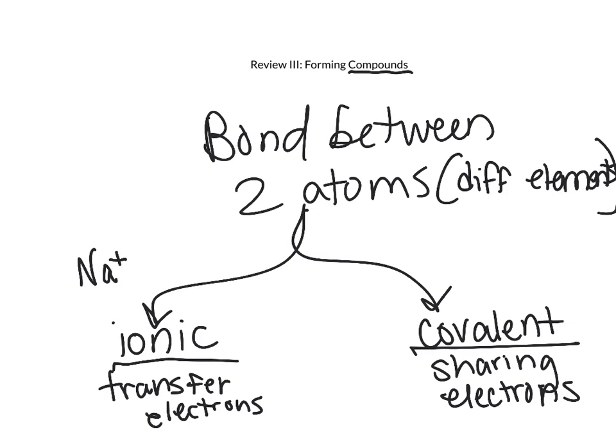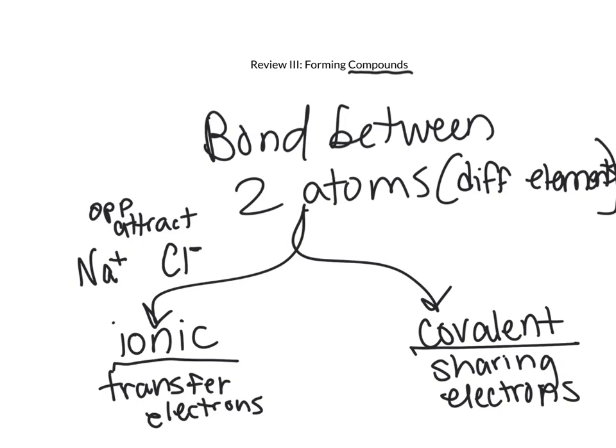It has a positive charge. And then it finds a little chlorine anion, which gains that electron. And now positive and negative opposites attract. That is the main reason why ionic bonds form, because of that positive and negative difference.